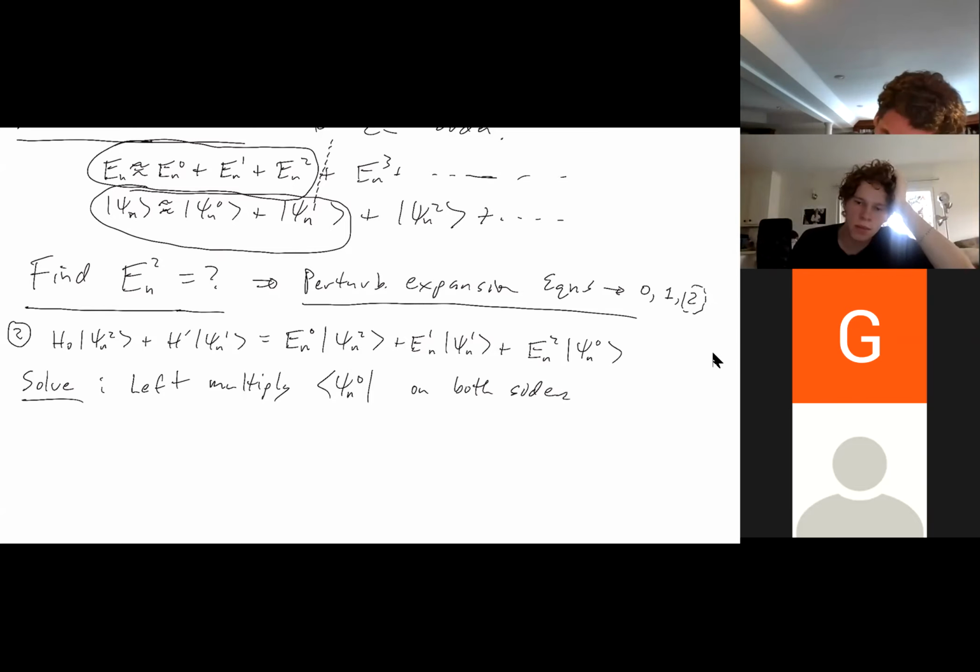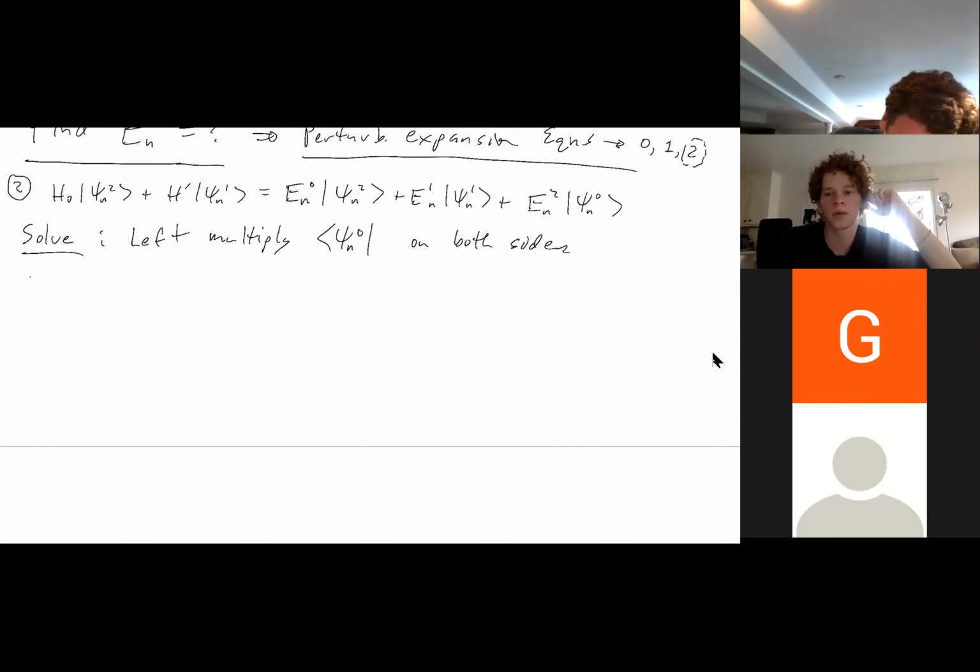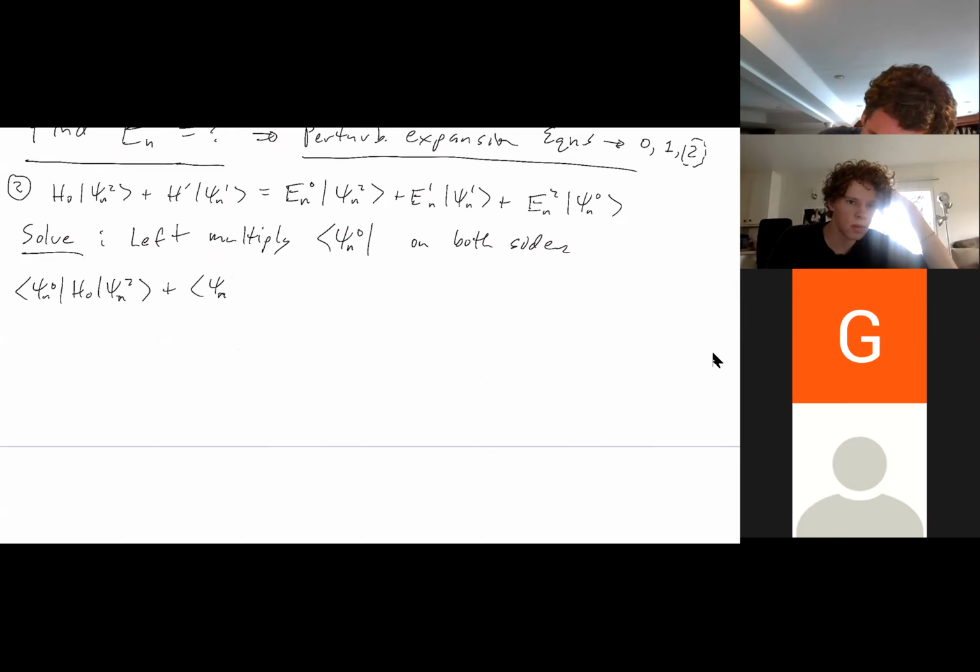And so what we get then is this: psi n naught, H naught psi n 2, plus psi n naught, H prime psi n 1. So it's tedious, but it's simple. It's just simple algebra.